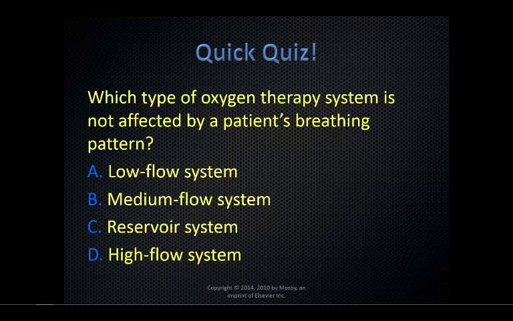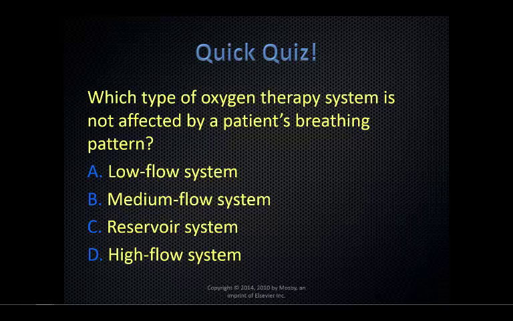A reservoir system incorporates some type of device to collect and store oxygen between breaths. When the patient's inspiratory flow or rate exceeds the oxygen flow, then of course they're going to draw in room air. With a high flow system, the oxygen flows out of the device and into the patient's airways in an amount sufficient to meet all inspiratory volume requirements.